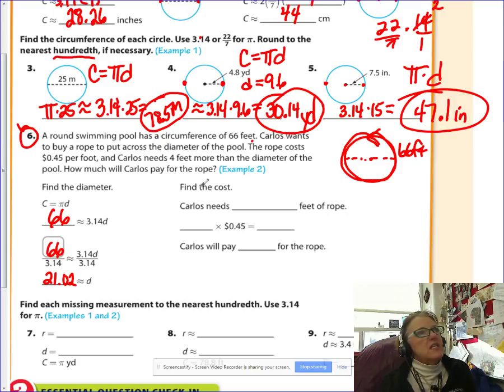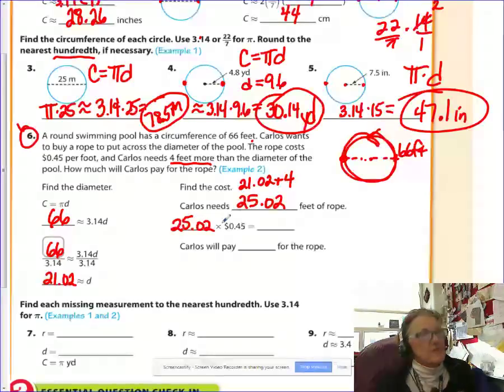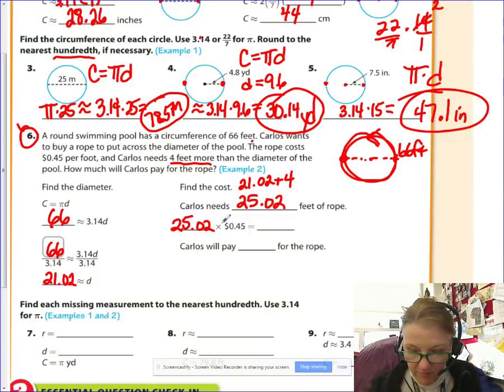So he needs 21.02 feet of rope just to get here. And then remember, it said plus he needs 4 more than the diameter. So he's going to need, here, add 4. So he needs a little bit more than 25 feet. Okay, so now take that times that 45 cents a foot. So I'm going to use 25.02 times 45 cents.